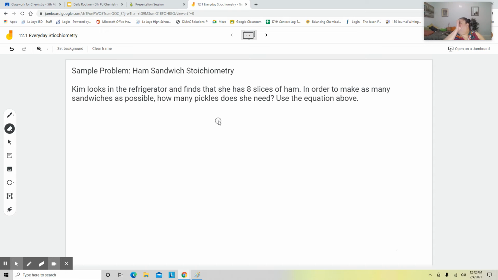I'm making sandwiches and we need to use all the ham because it's going bad. And then his little brother says, I want a sandwich. And then his mom's like, I want a sandwich too, Irvin. And then his cousin or his friend says, okay, I want a sandwich too. So he needs to make as many sandwiches as possible using the equation from earlier.